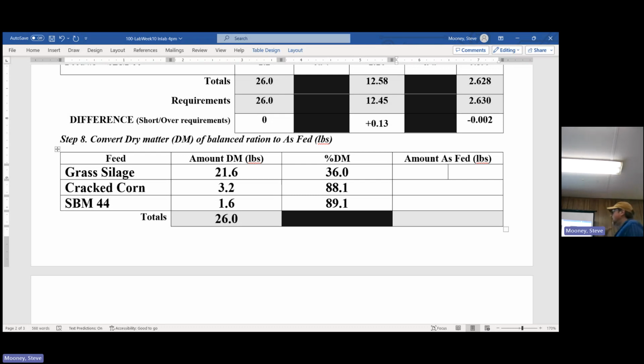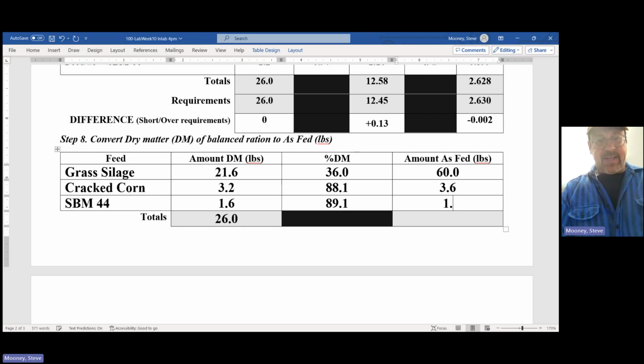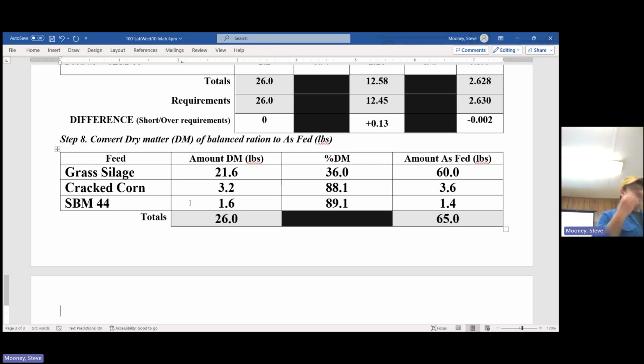Divide: this divided by this divided by 100 will give you this. What do we know about the as-fed number? It's always going to be bigger, because we're adding the water back in. If it's not bigger, we did something mathematically wrong. So take a step back at the end and ask, is that bigger? If it is, you probably did it right.